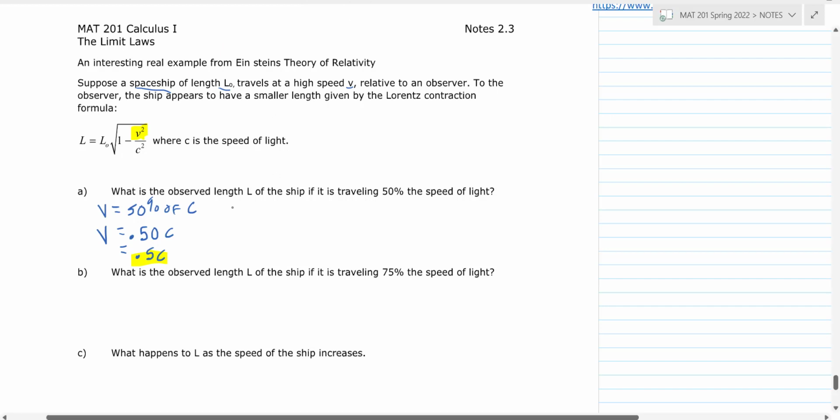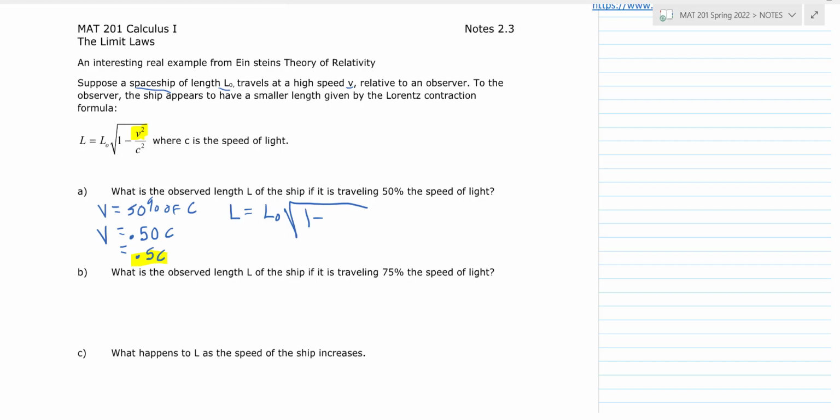So what we'll get is L equals L naught times the square root of 1 minus 0.5, and you have to square that, so you have to be kind of careful on how you write this. So this will be 0.5 C squared over C squared.